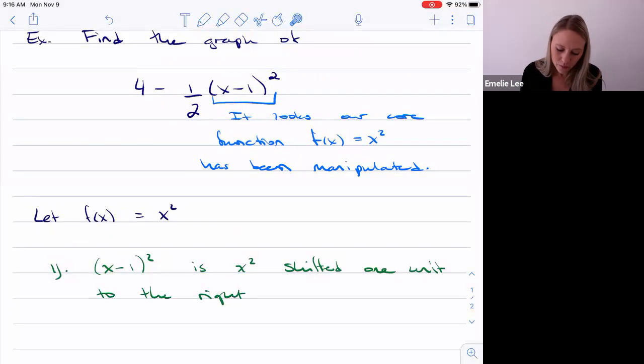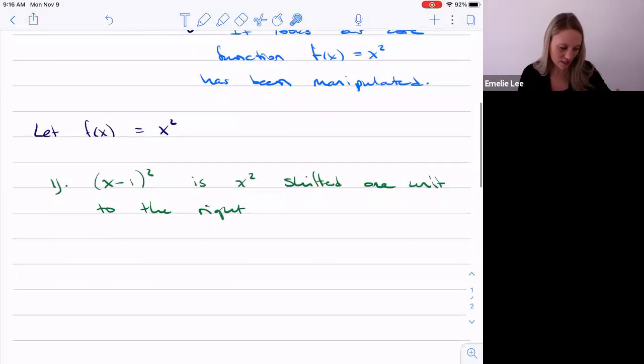I'm just going to ignore this negative for a bit. This negative is going to reflect around the x or the y axis, we'll see. But now I've got 1/2 in front of my function, so this is essentially c times f of x. So we can say stretch it by a factor of 1/2, and that's essentially shrinking.